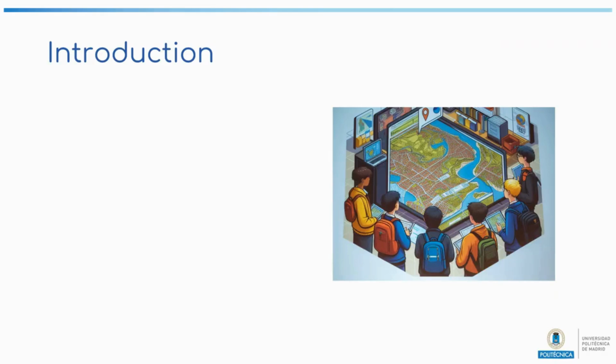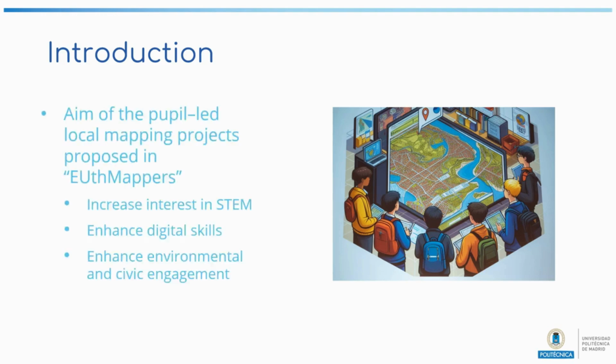We'll first start recalling the aim of the pupil-led local mapping projects proposed in EUthmappers project, which is to contribute to increase the interest of secondary schools pupils in STEM matters and to enhance their digital skills and their environmental and civic engagement by introducing them to the use of open-source geospatial data tools, finalized at the development of open, collaborative, and inclusive mapping projects based on OpenStreetMap platform.